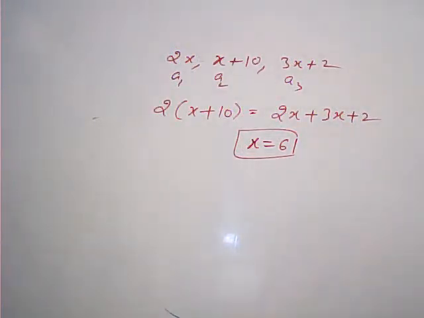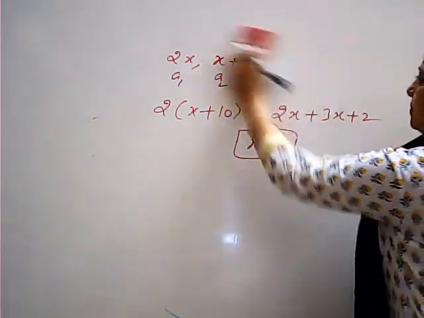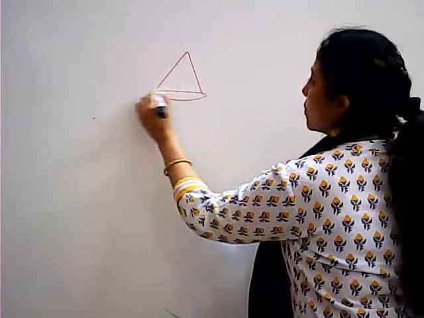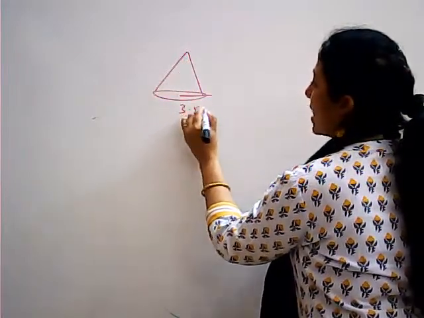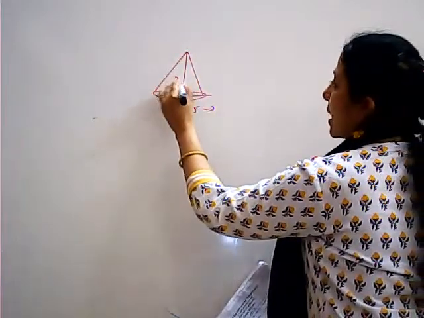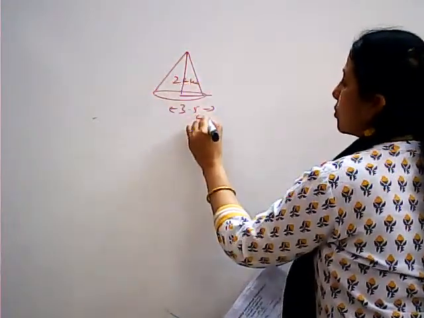So now your next question, fifth question. I'll tell you the hint and you will send me the answers for this. So find the number of cones. One cone whose radius is given as 3.5 and whose height is given as 2, and both are in centimeters only.